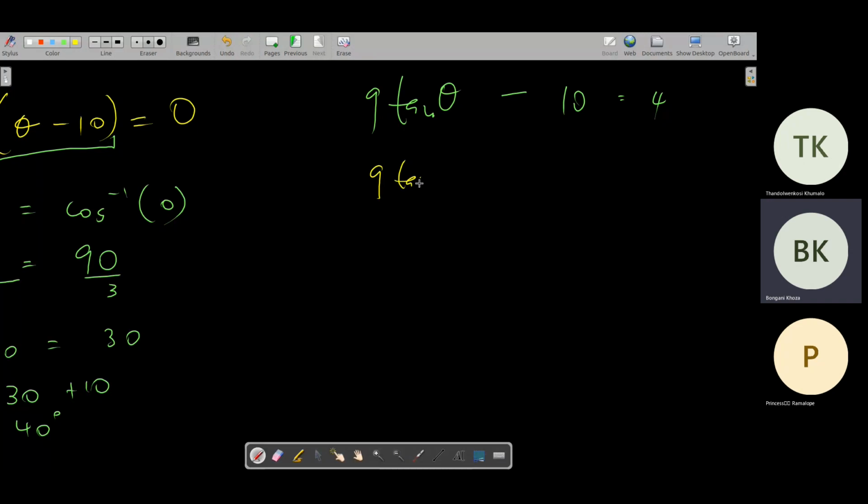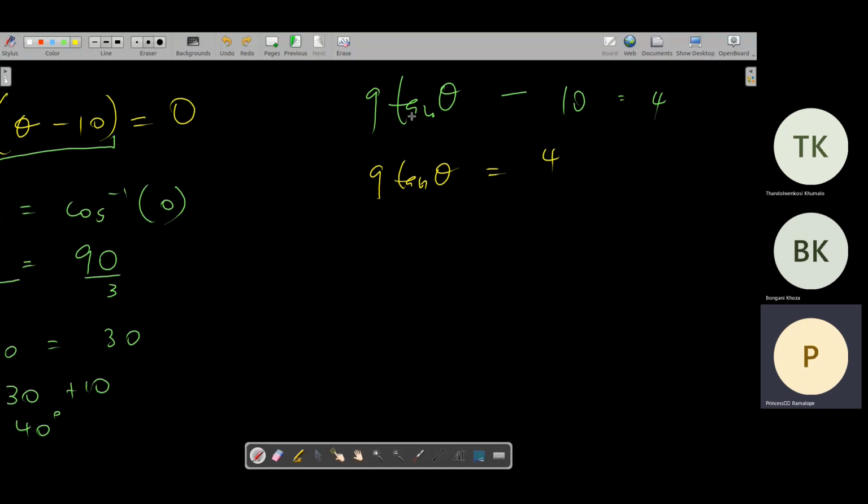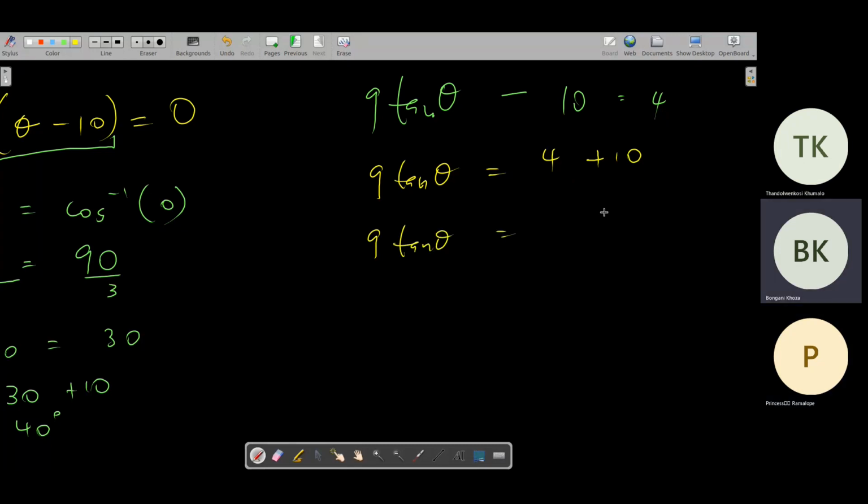So you'd have 9 tan theta equals 4 plus 10, and this is just 14. To get rid of the 9, you divide by 9 on both sides. You have tan theta equals 14 over 9.